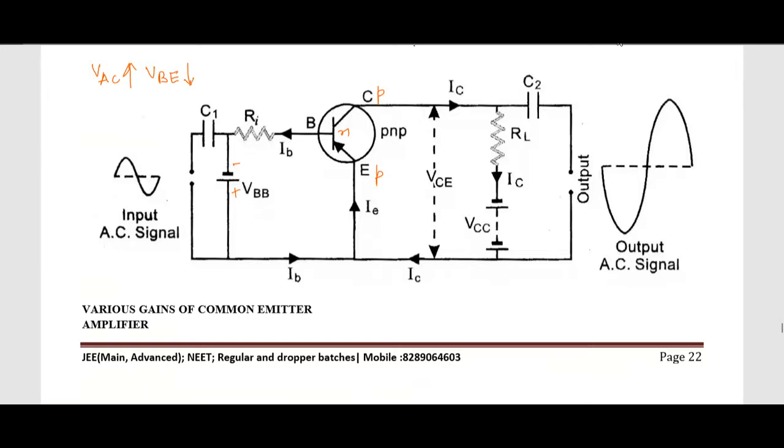If VBE falls, it means that IB falls. If IB falls, this implies IC falls. If IC falls now, then we have got this expression: VCE is equal to VCC minus ICRL. This is the expression.